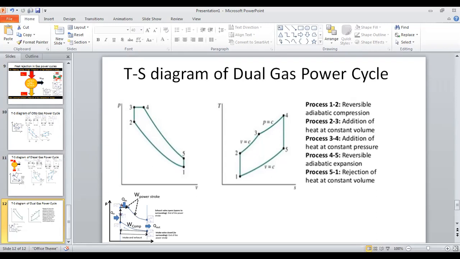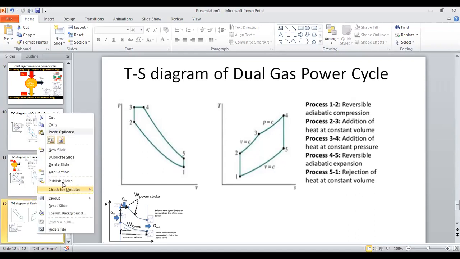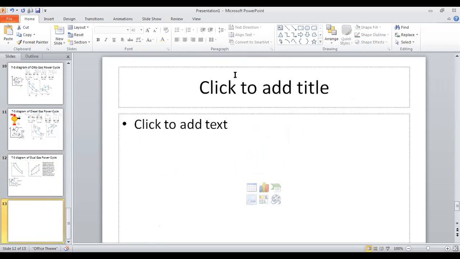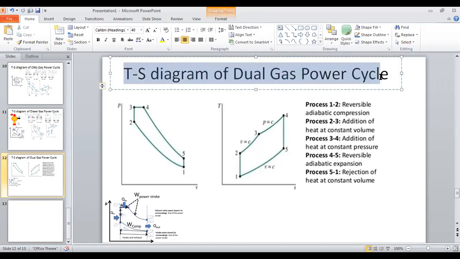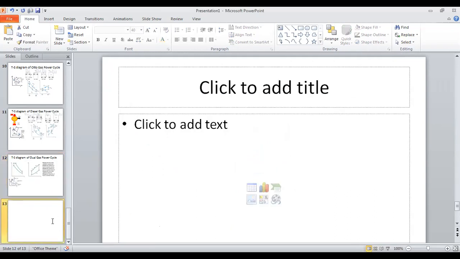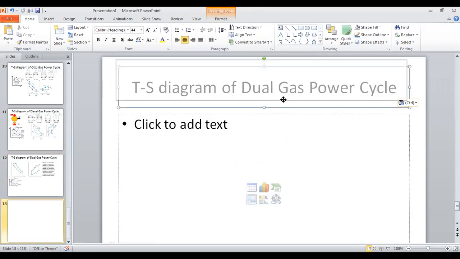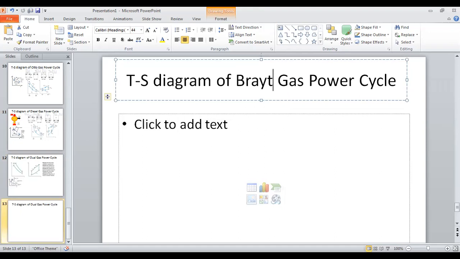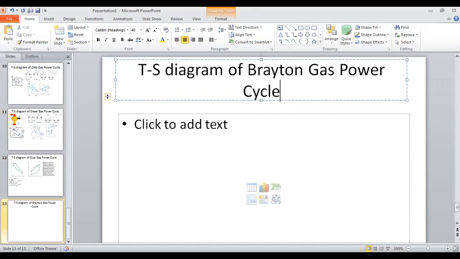That is the gas turbine engine or power plant.